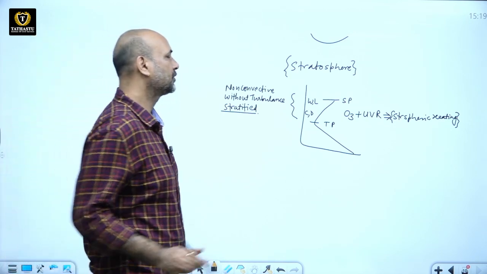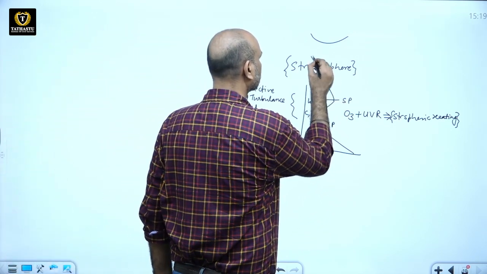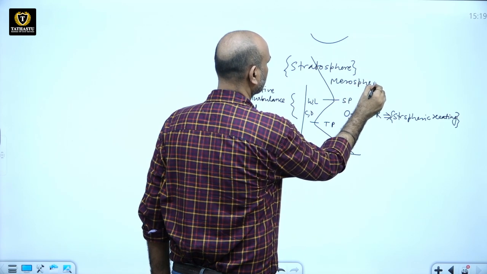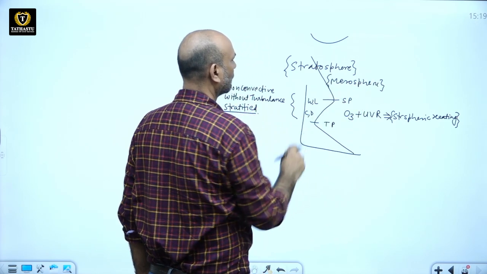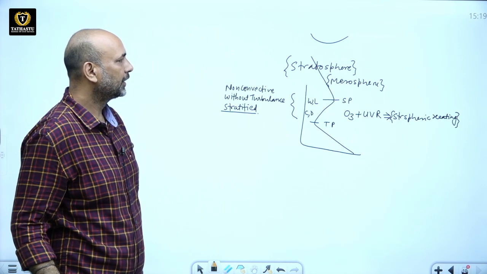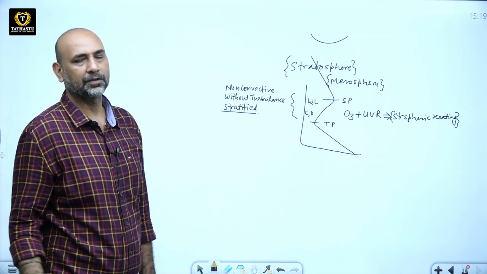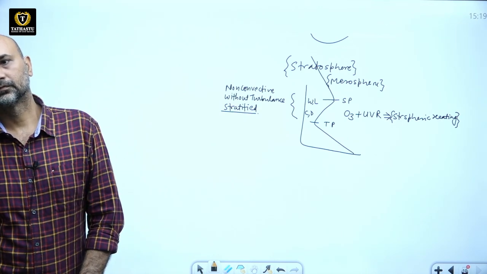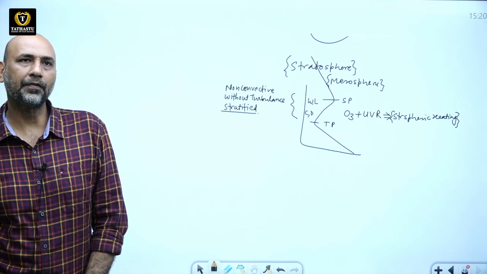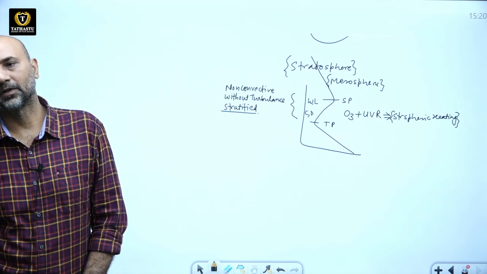Now, mesosphere. Mesosphere occurs between stratopause and mesopause, and it is extending from 51 kilometer to 80 kilometer from sea level.